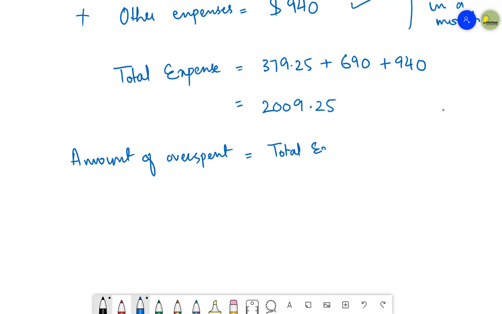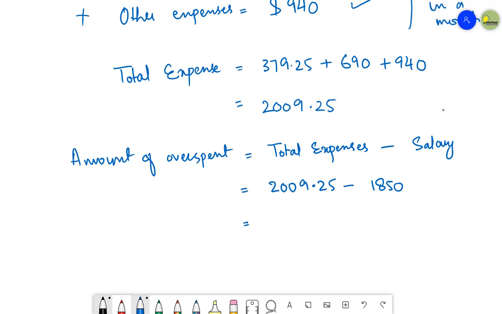You have to subtract his salary from the total expenses of the month of April. When you subtract $1850 from the total expenses, that is 2009.25, then you will get the amount of overspend in terms of dollars.